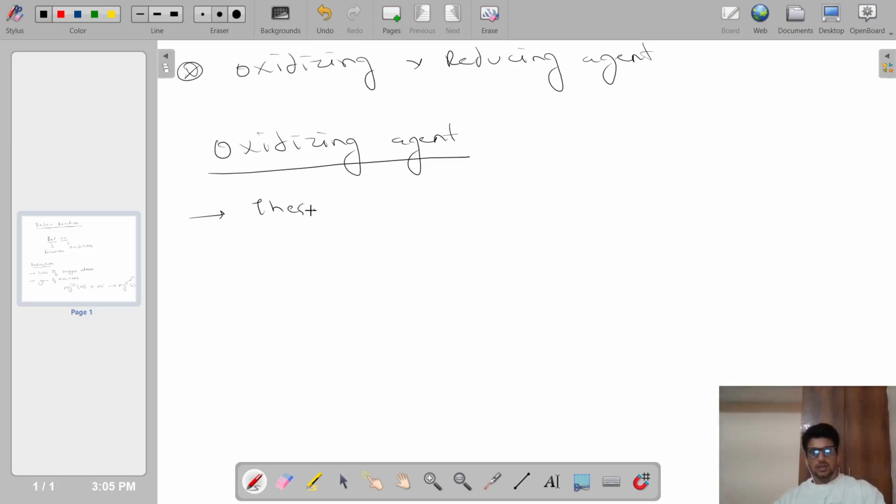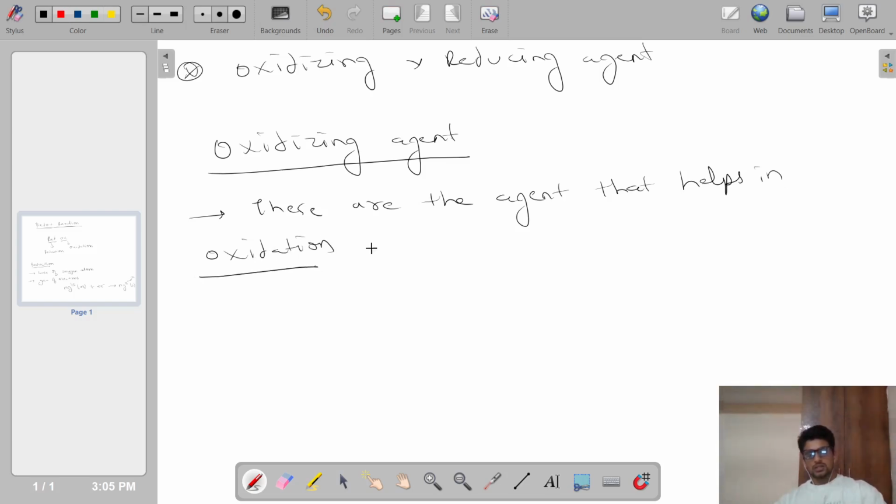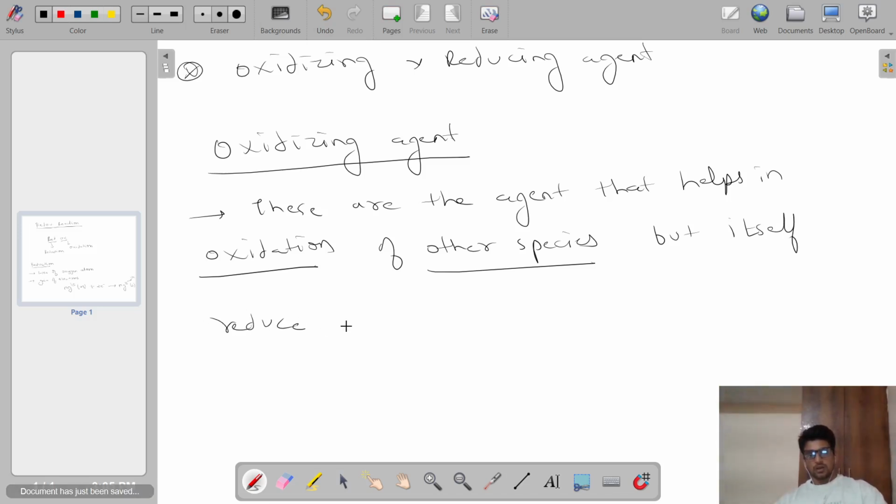These are the agents that help in oxidation of other species but themselves get reduced.